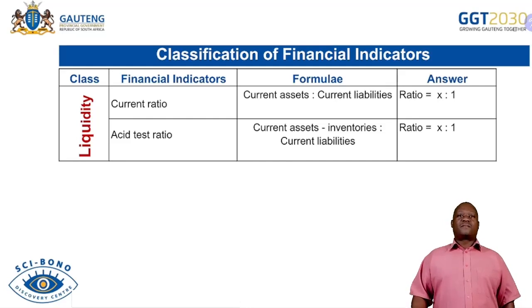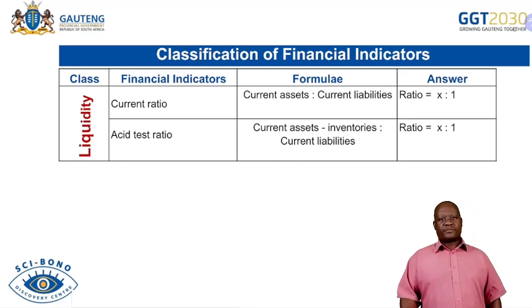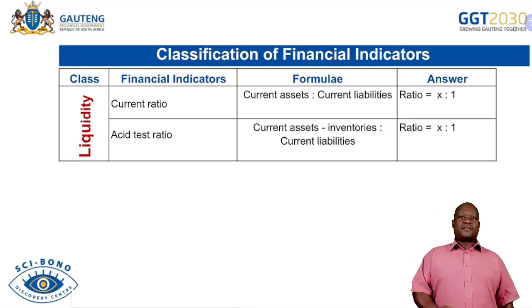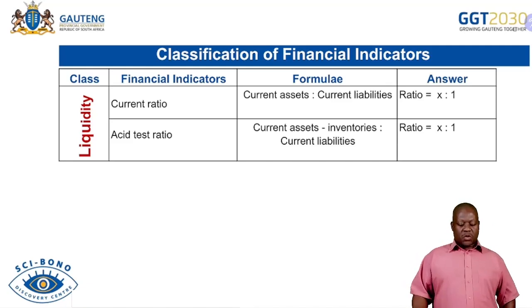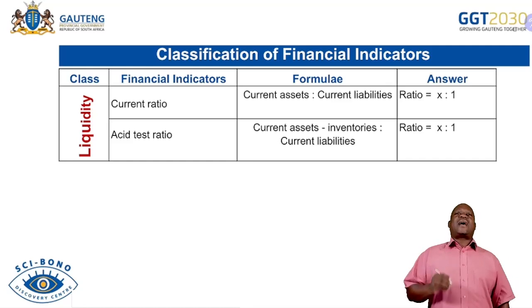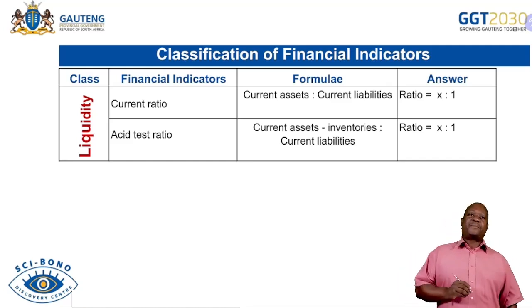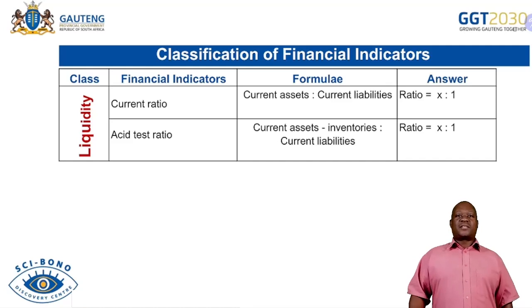Now check, guys. Which one is supposed to be more? Current assets or current liabilities? I know you said current assets. That's good. Now, acid test ratio is just indicating another item in there, because on our current assets, we are subtracting inventories.